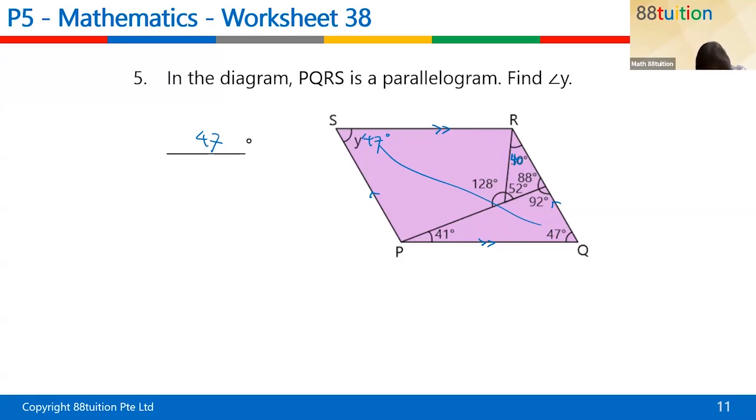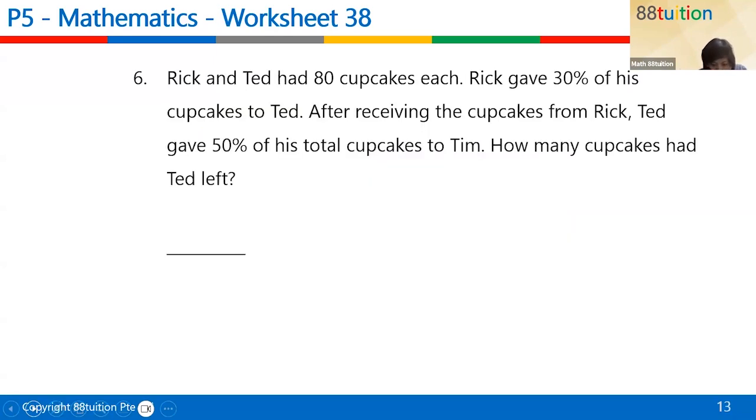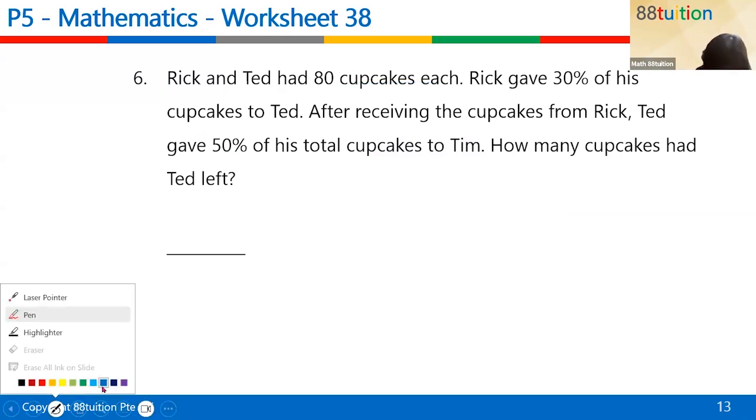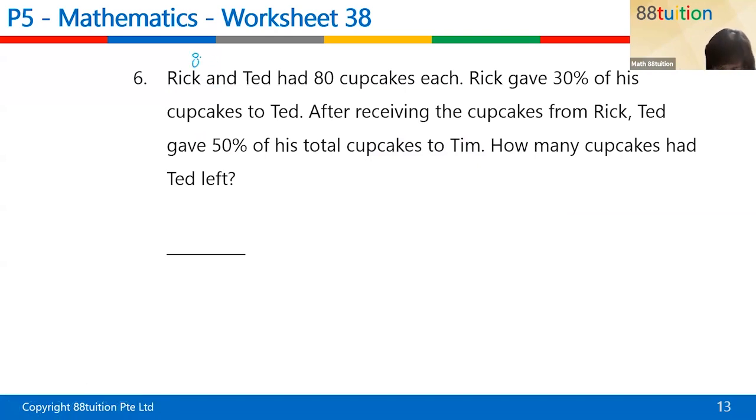So whatever 47 there, the angle Y must be the same for this reason. Okay, next question. Number 6. Rick and Ted had 80 cupcakes each. So they have 80 and 80 here. And Rick will give 30% of his cupcakes to Ted. So this 30% must be out of 80, which will give you 24, right?